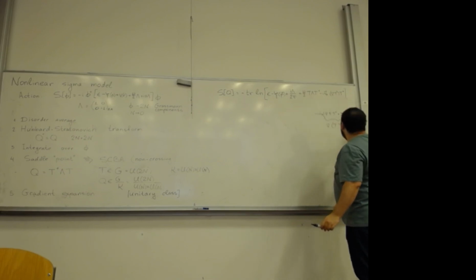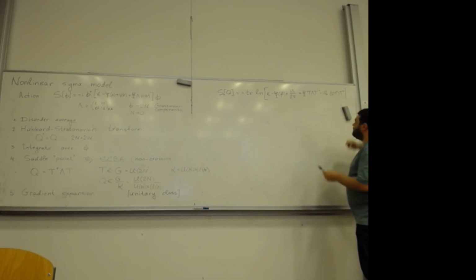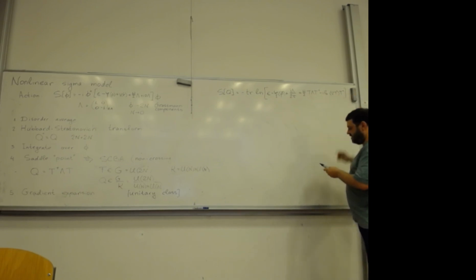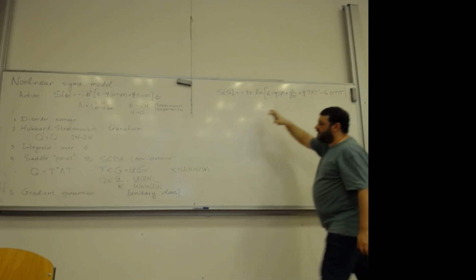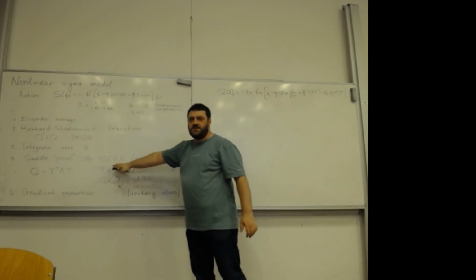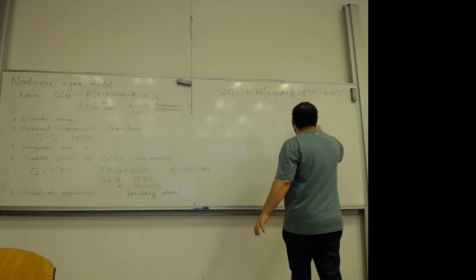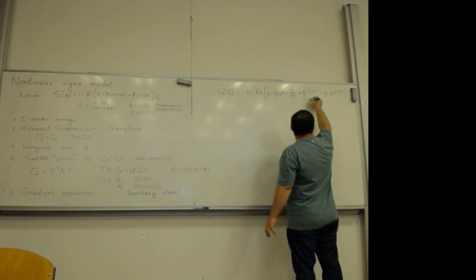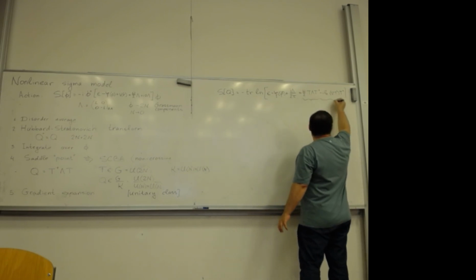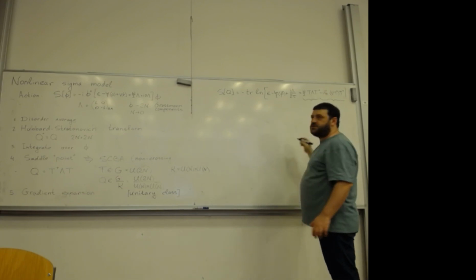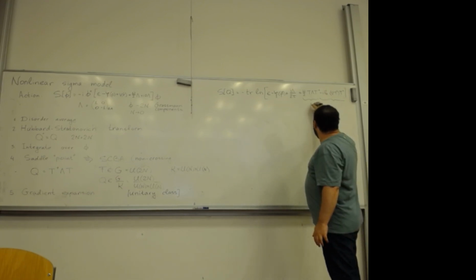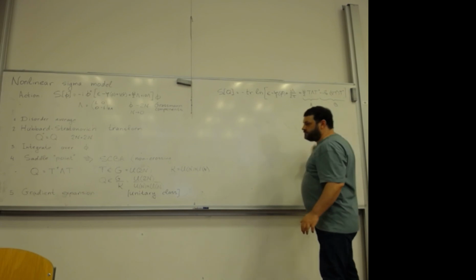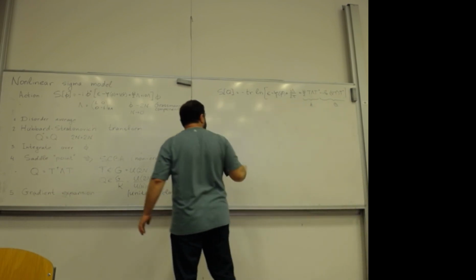So this is the action after we took the saddle point, and we wanted to expand it in these two parts here, which were called A and B. This was A, this was B. This is the trace of the logarithm.